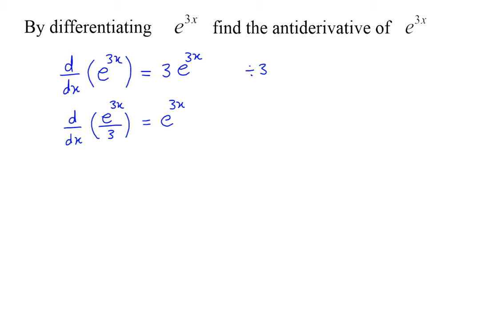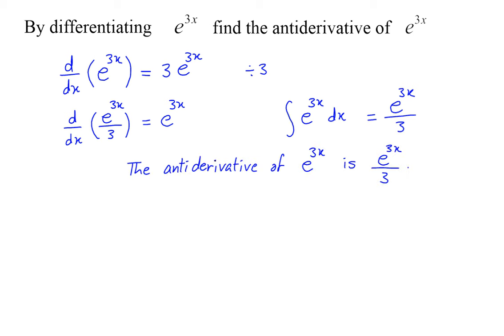So I can say that the antiderivative, or the integral of e to the power of 3x with respect to x is equal to e to the power of 3x over 3. The antiderivative of e to the power of 3x is e to the power of 3x over 3.